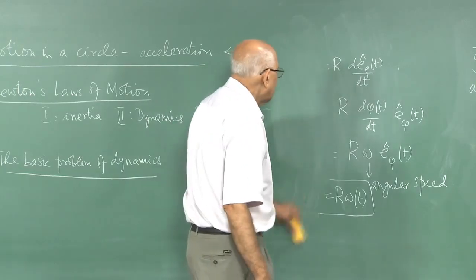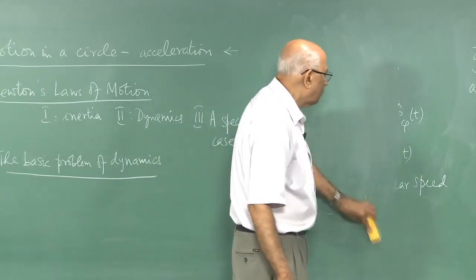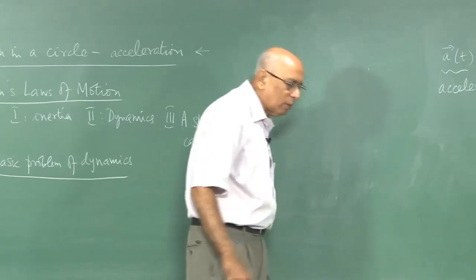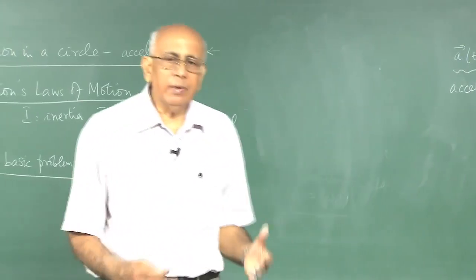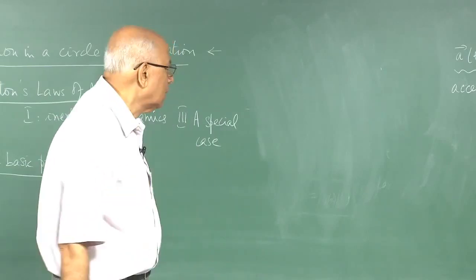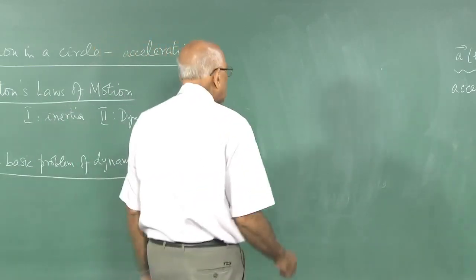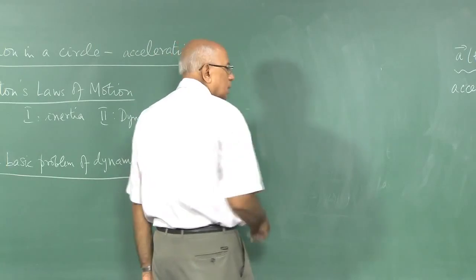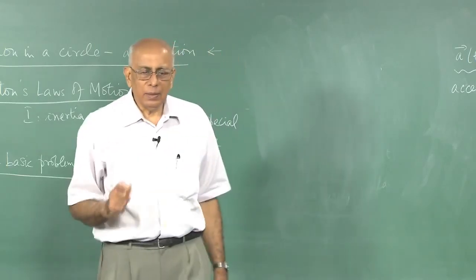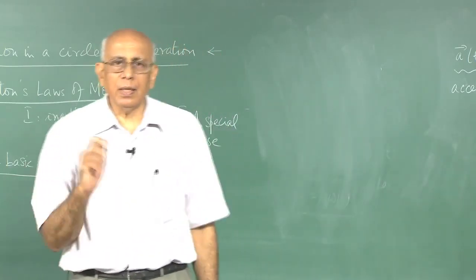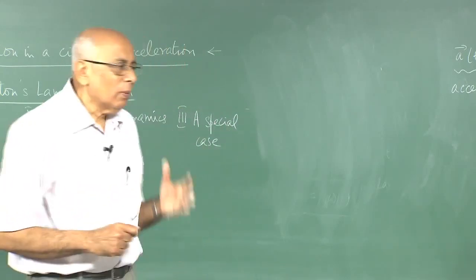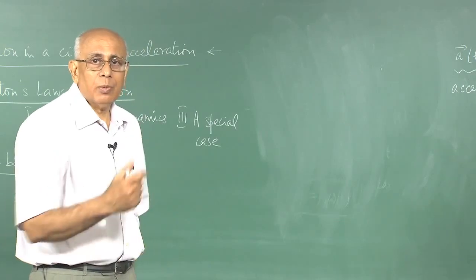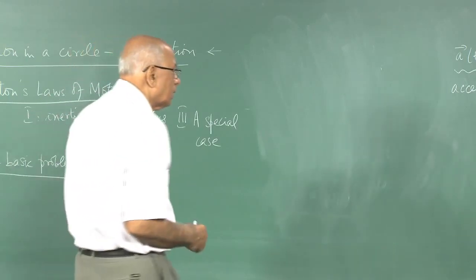Now where does that force come from in the case of planets moving around the sun if the orbit is approximately circular? It comes of course from the force of gravity which the sun exerts on the planets. So there is a centripetal force which pulls the object inwards. What happens when you twirl a stone around in a circle tied to one end of a string? Well, the tension in the string is providing the centripetal force in this case.